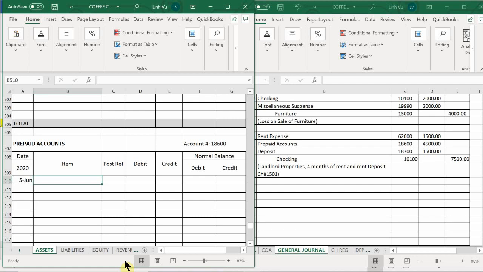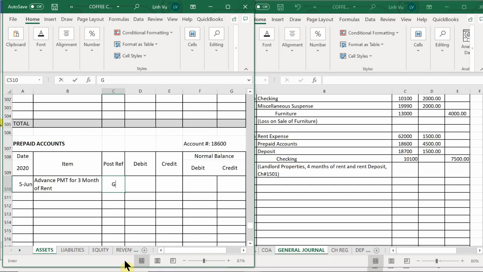You just paid advance rent. Advance payment for 3 months of rent. You can write the check number that you used, or the landlord's name. Whatever you want, you can put as much information as you like. I'm just saying I just paid 3 months' worth of rent.